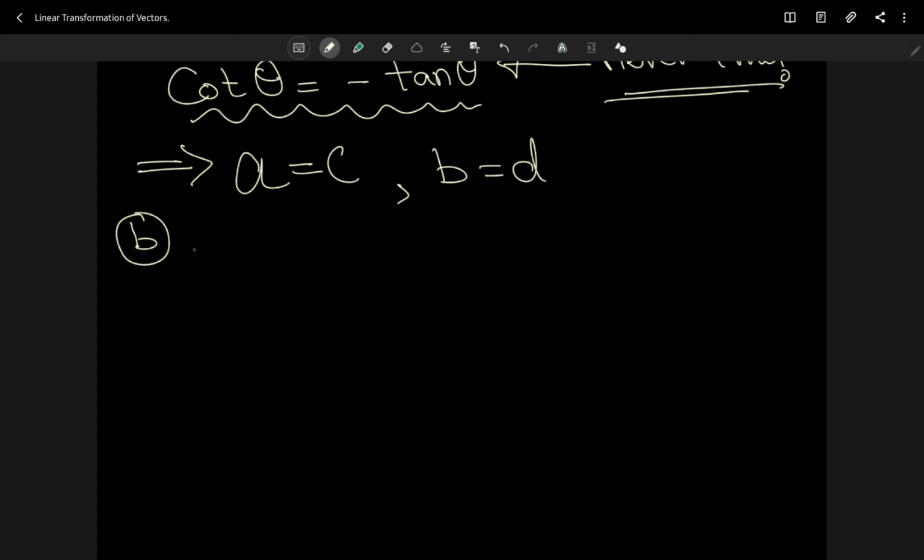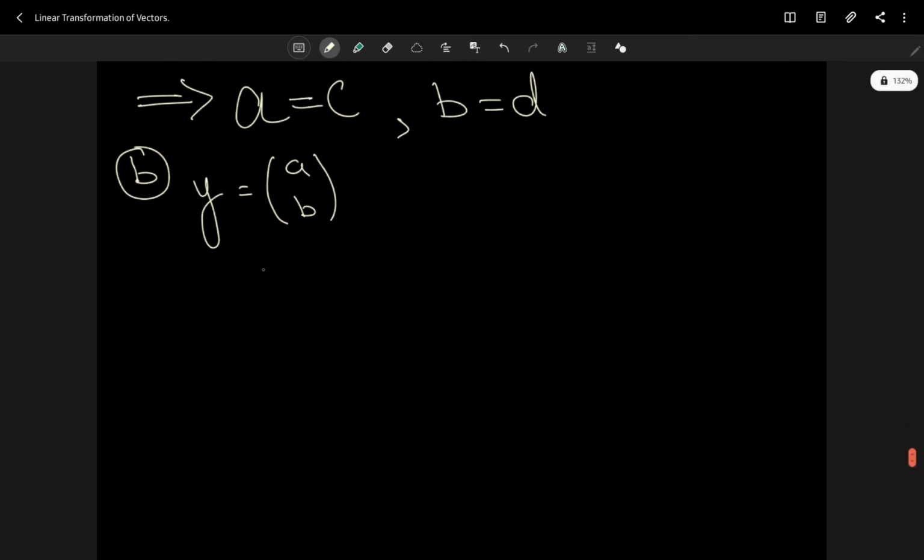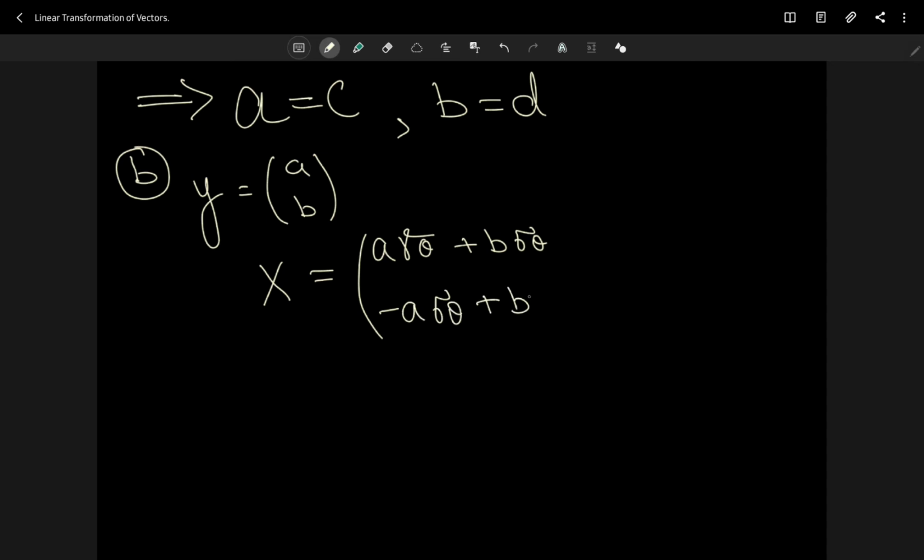We could consider some y, that is (a, b), and if we do that, then x is simply (a times cosine theta plus b times sine theta, minus a times sine theta plus b times cosine theta). Now this thing is such that your R theta on x gives you y, right?